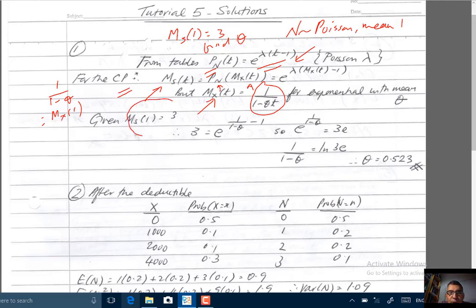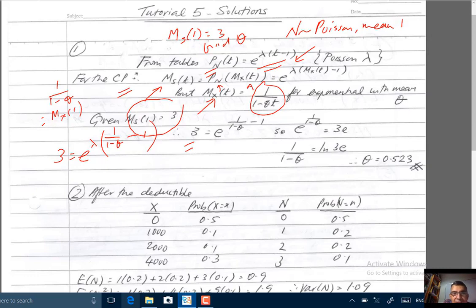We are given MS(1) is 3, so 3 equals e to the power of lambda times (1 over 1 minus theta, minus 1).